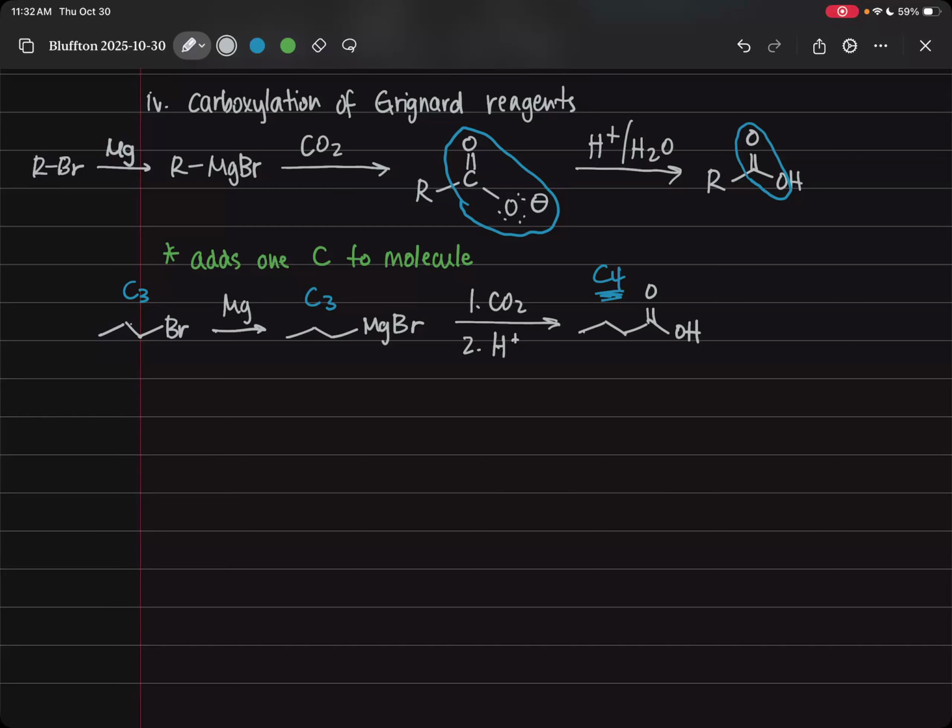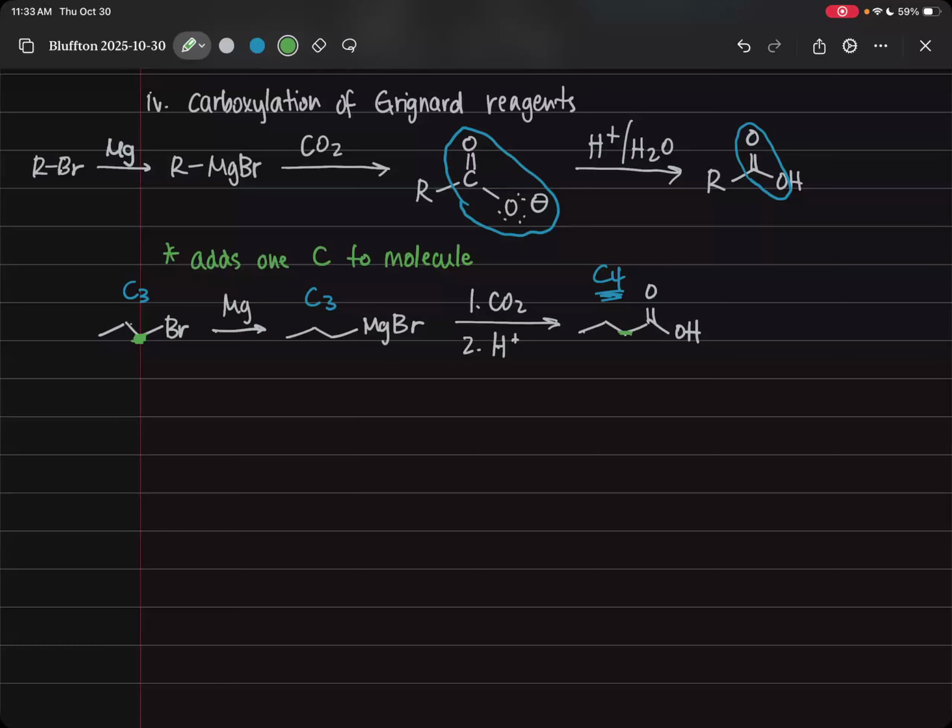So you just got to make sure if you want to use this method to synthesize a carboxylic acid, the R group that you start with can be the same number of carbons. In fact, it has to be because the R group stays the same. But if you're just looking at the actual reagents that you're going to use, you need to remember that this carbon here that's attached to the bromine is not the carboxylic acid carbon.